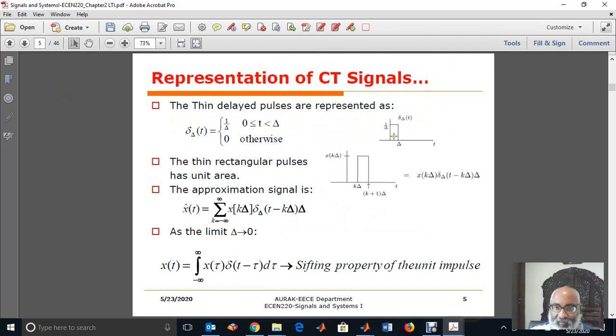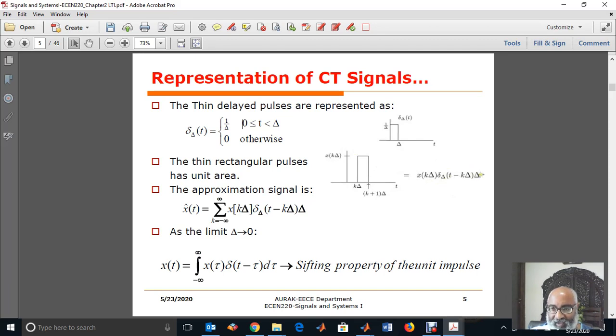If we define the pulse function delta sub delta of t, which has an amplitude 1 over delta between 0 and delta, where delta is a very small time, then I can write the value of the signal, which is constant between k delta and (k plus 1) delta, as x of k delta times delta sub delta of t minus k delta, times delta.